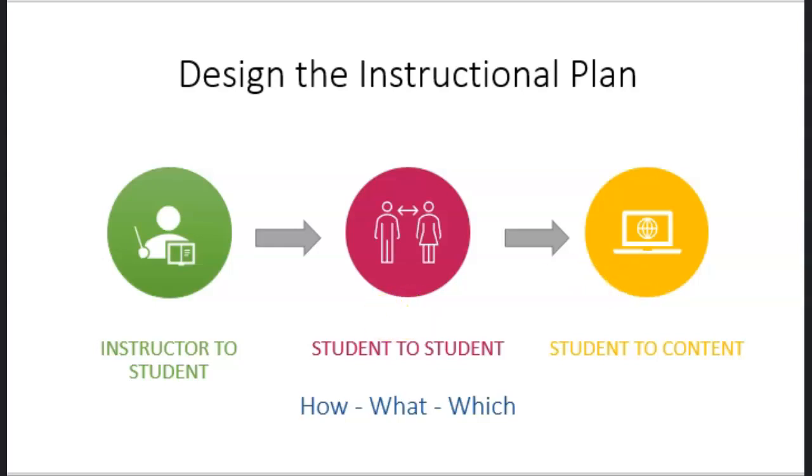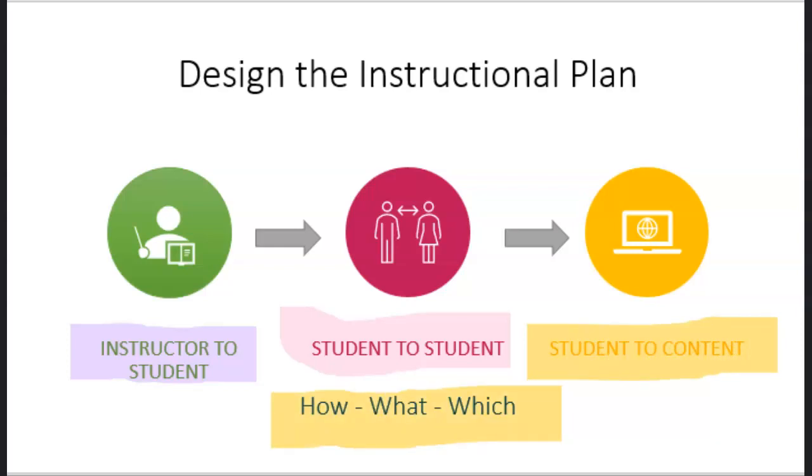So, emphasis must be on three types of interactions: interaction between instructor and students, interaction between student and student, and interaction between student and content. That is, how, what, and which has to be emphasized.